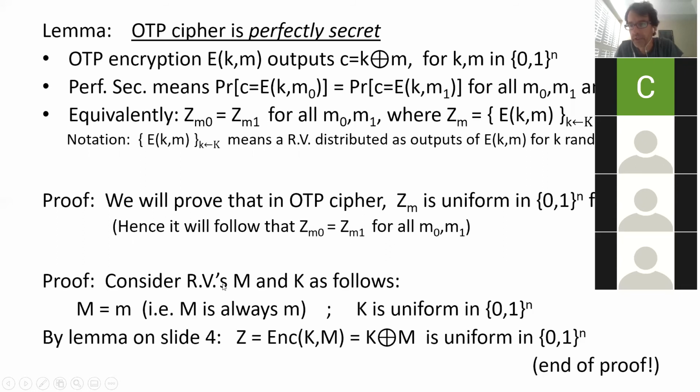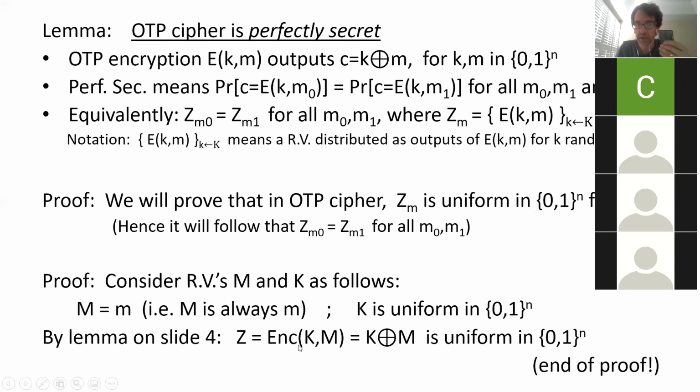But we already have this proof essentially. Recall the two random variables we had on this slide a few slides back. One of them is a message. It's arbitrary, and in this case, it's fixed. The message is fixed to be M, because my claim is that for every M, no matter what it is, ZM is a uniform n-bit string. So let's fix M. When I create ZM, it's E of K, M for K uniformly random.